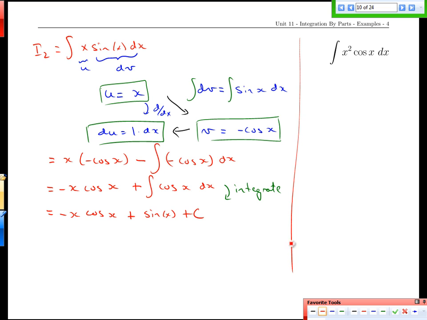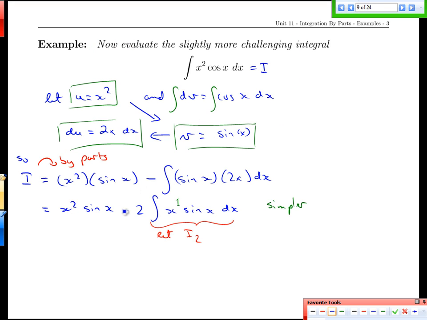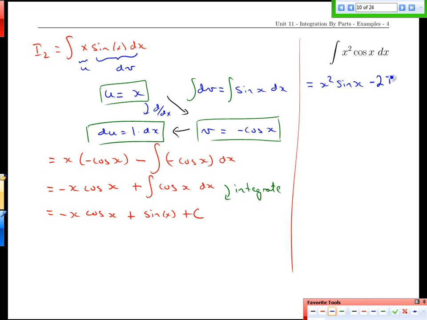So if we go back to our original function and its integral, remember what we had. We had x squared sine of x, and flipping back one page to check, we had x squared sine of x minus 2 I2s, minus 2 times that second integral, and now we have that second integral here: x squared sine of x minus 2 times minus x cos x plus sine x plus a constant.